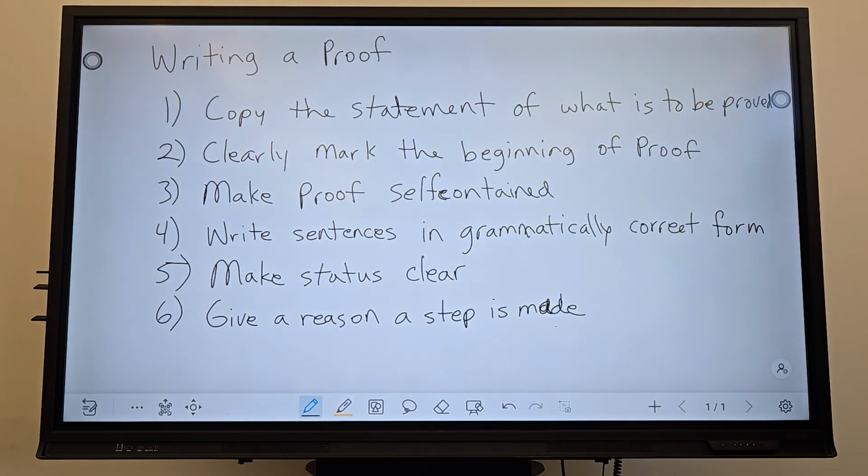Each assertion in a proof should come directly from the hypothesis of the theorem or follow from the definition of one of the terms in the theorem, or be a result obtained earlier in the theorem or in the proof, or be a mathematical result that has been previously established or is agreed to be assumed. Indicate the reason for each step in your proof using phrases such as by hypothesis or by definition of or by theorem, whatever, and so on.